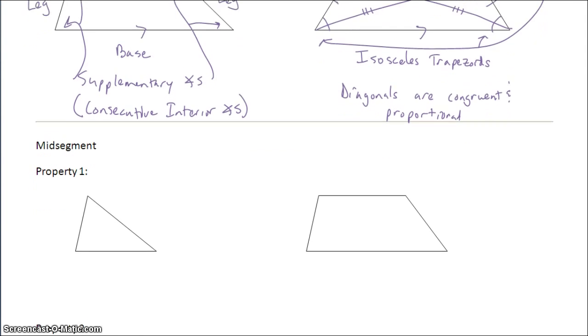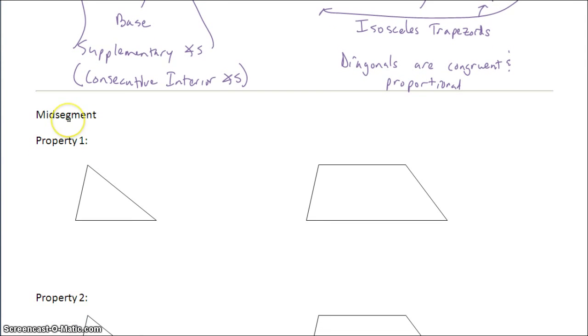There are some properties working with the midsegment of a trapezoid. The midsegment, if you remember from the midsegment of a triangle, is connecting the midpoint of two sides of the triangle.